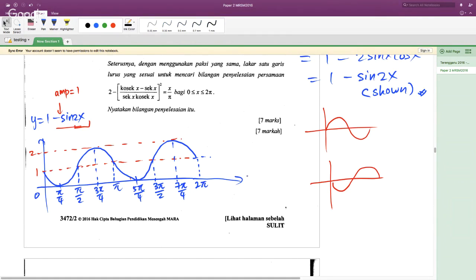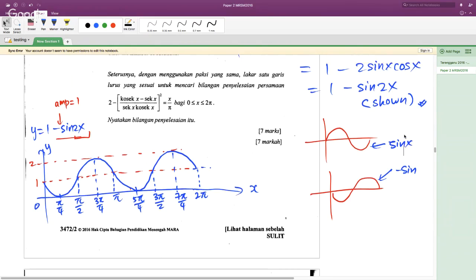This is how I draw the whole thing. This is x, this is y. Because this one is negative sine, this is just positive sine. There's a little bit of difference. I hope you can see it and understand that.